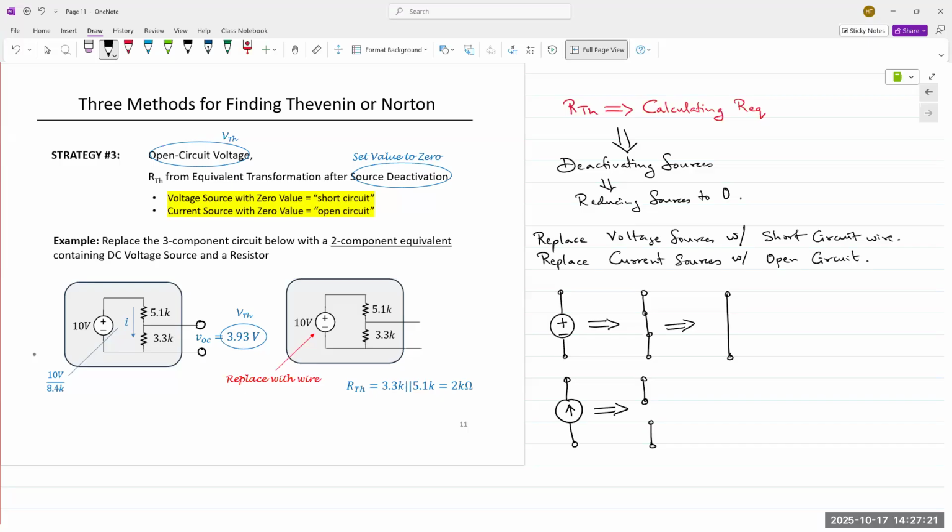And so what do we need to draw in there? Nothing. So not a trick question, but it just means nothing. So replacing a current source with an open circuit simply means you remove it.